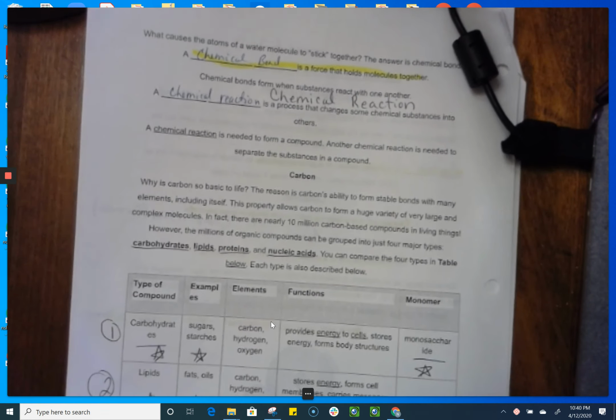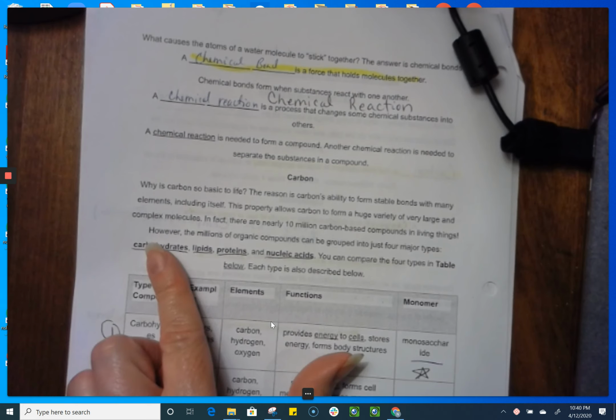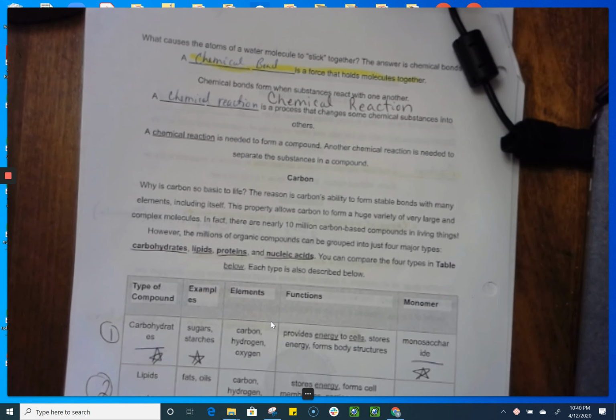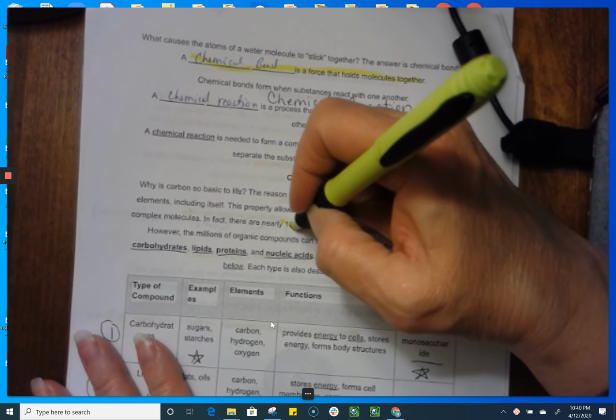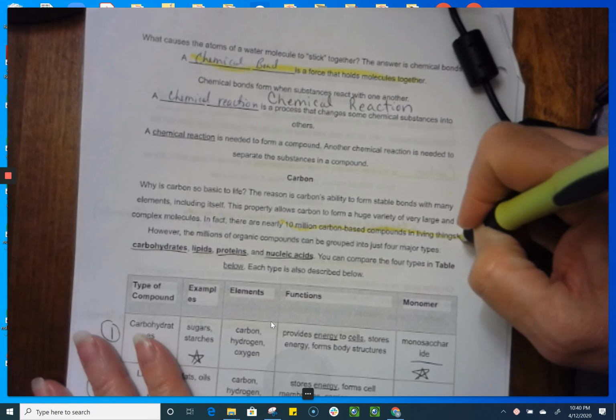And here they're talking about carbon again. The reason it's so basic to life, important to life, is its ability to form stable bonds with many elements, including itself. This property allows carbon to form a huge variety of very large and complex molecules. In fact, there are nearly 10 million carbon-based compounds in living things.